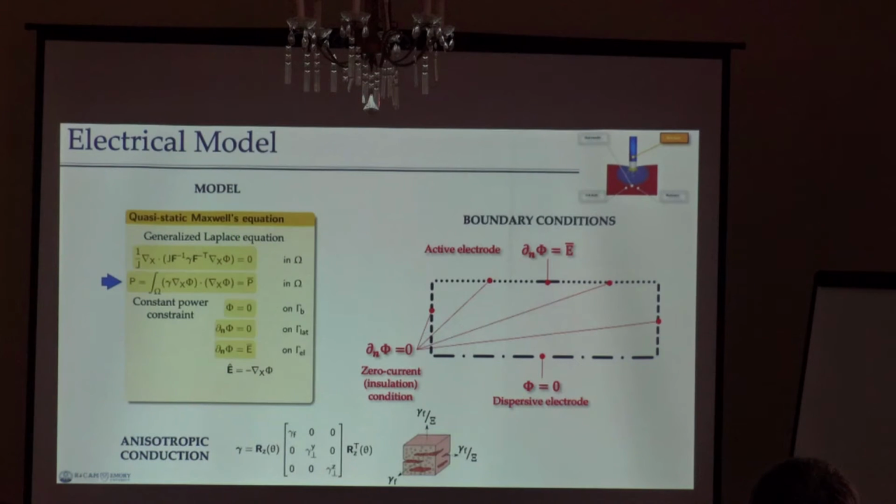Not only writing Maxwell equation in the reference configuration with the pullback because the material deforms, but it's really critical to force the overall power dissipated to be exactly at the level that the machine delivers, because the machine delivers a certain amount of power that is tuned by the medical doctors. 60 watt, that's going to be tuned by the electronics inside, and if you do not impose this constraint into your equation, you do not recover the correct dissipation into the tissue. This is really critical.